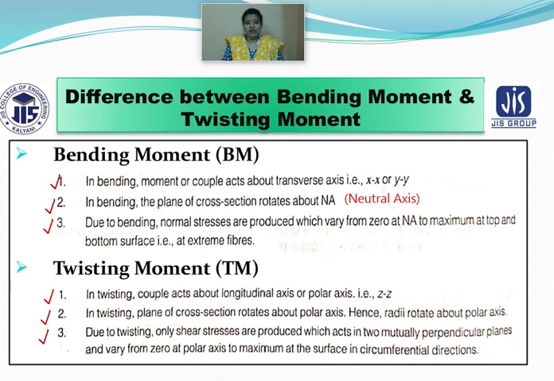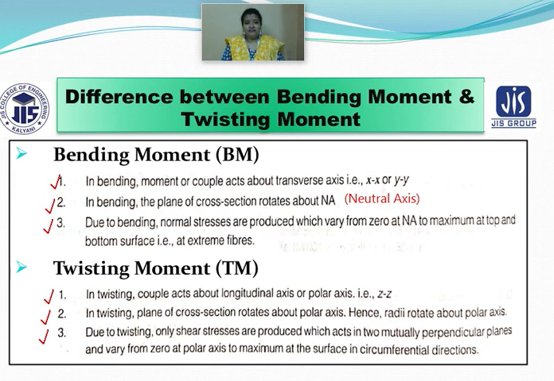For bending moment we get the normal stress, and for twisting moment we get the shear stress. So the basic differences vary with respect to these three parameters that I have discussed.